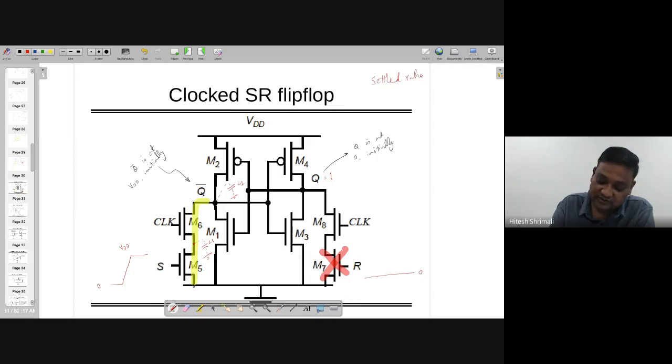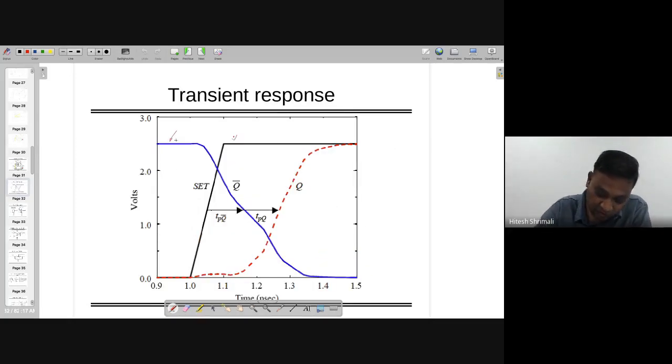So considering the settled value, this Q bar keeps on going towards zero. You can see this Q bar is going down towards zero as set is increasing, right? Note that VDD is equal to 2.5 volt over here, and exactly the midpoint is around here, 1.25, right?